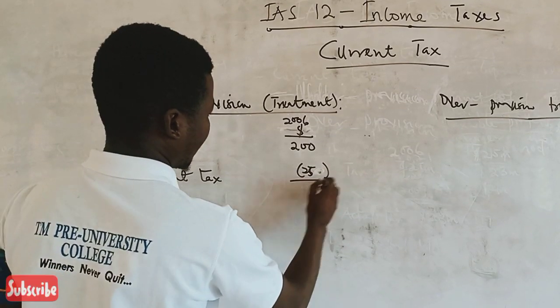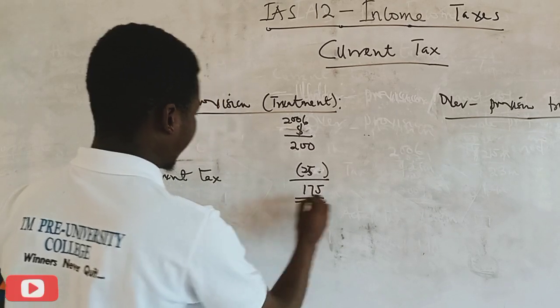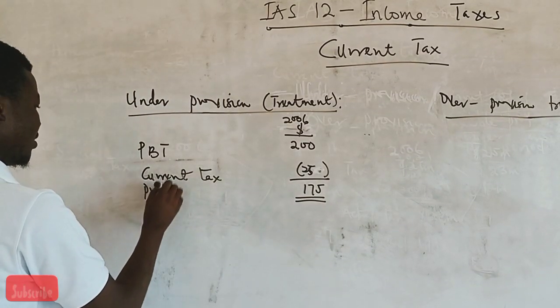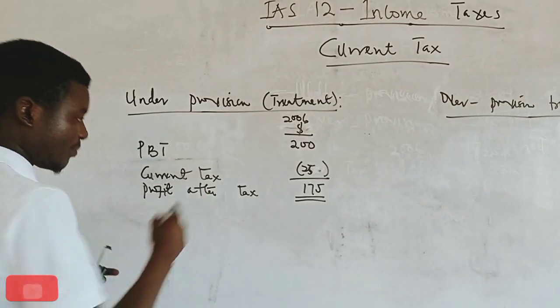Then the entity is going to have 175 million as a profit for the year, or profit after tax.